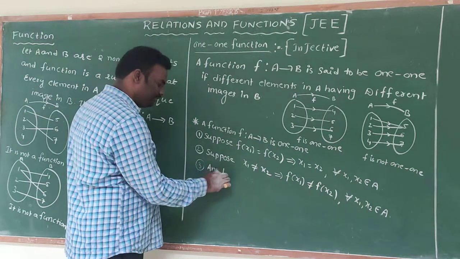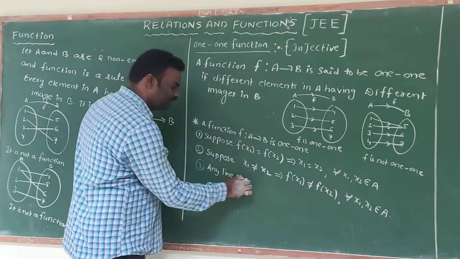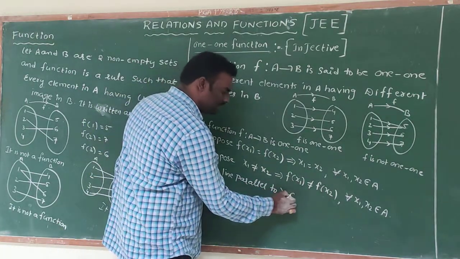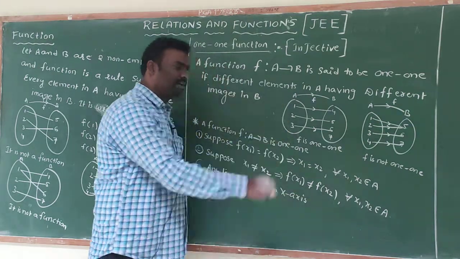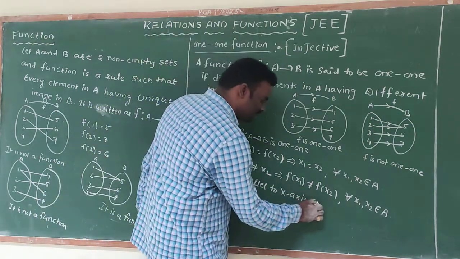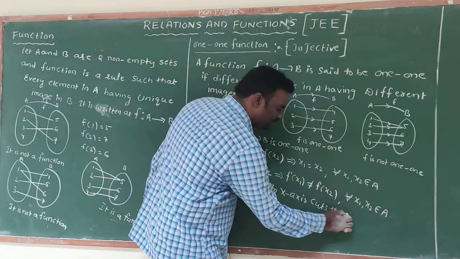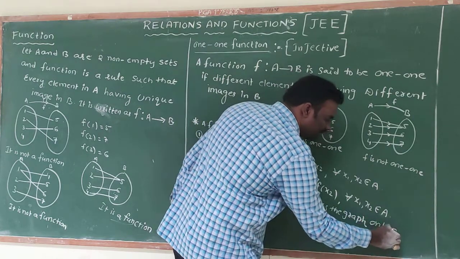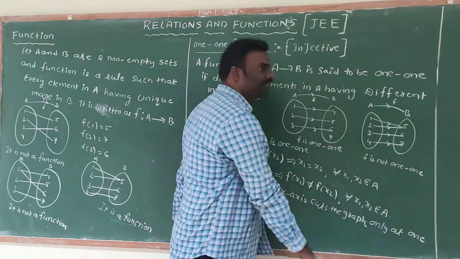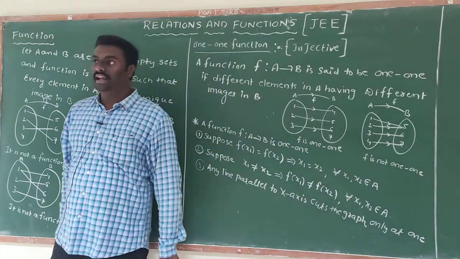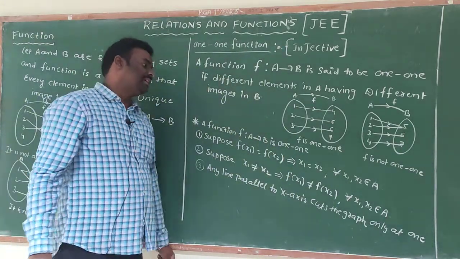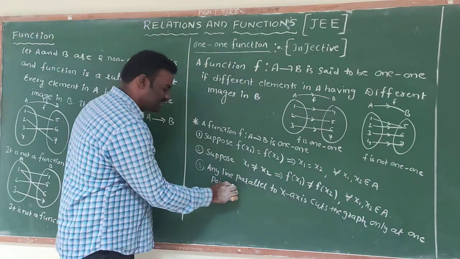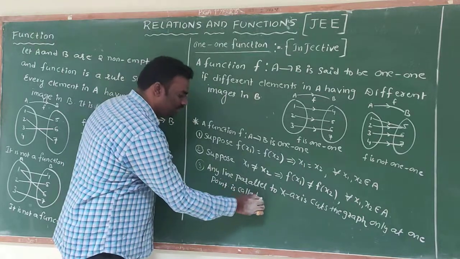Any line parallel to the x-axis that cuts the graph at only one point is called one-one.